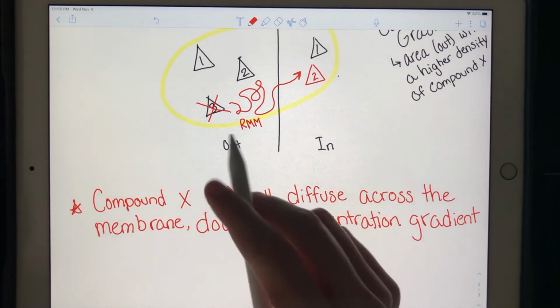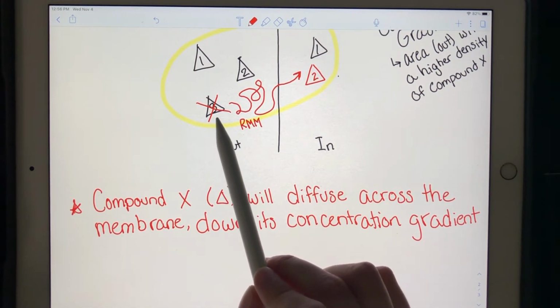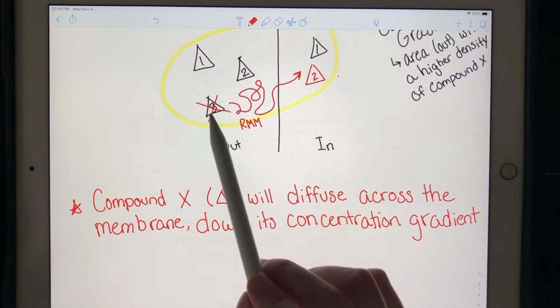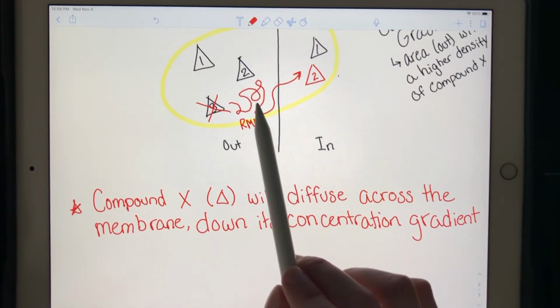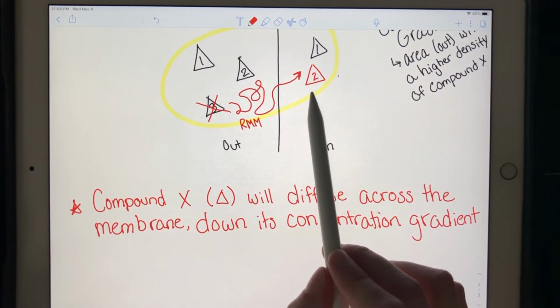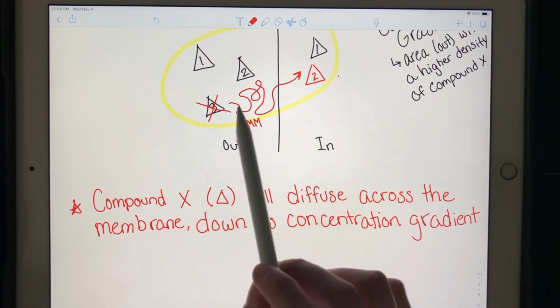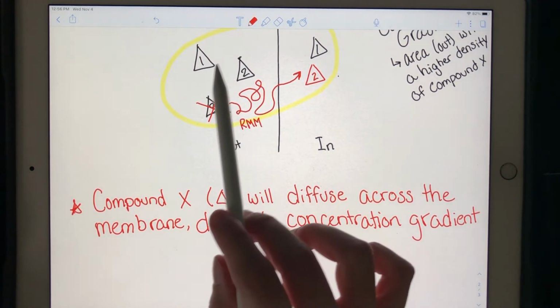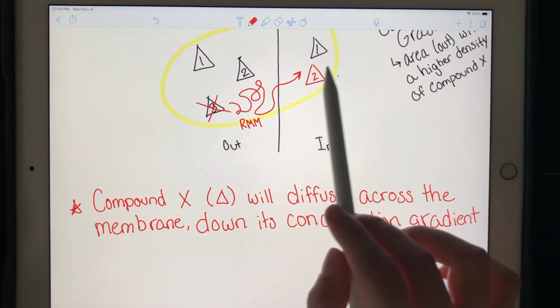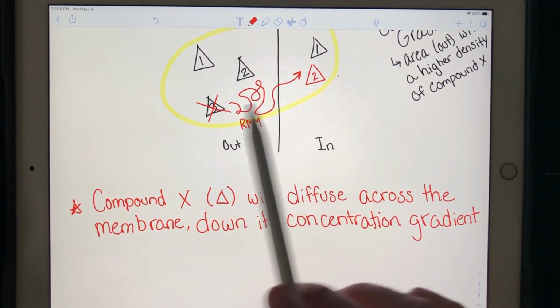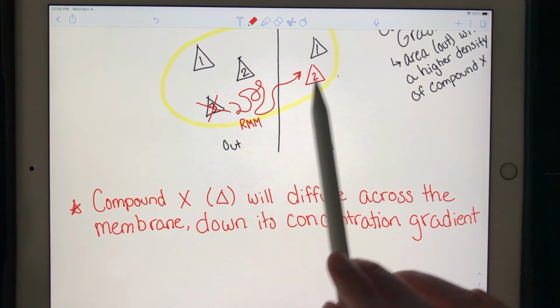So what we've had happen here is that compound X, one of our triangles, diffused across our cell membrane. And it went down the concentration gradient because we go from 3 to 1 and make it even. Now we have 2 and 2.